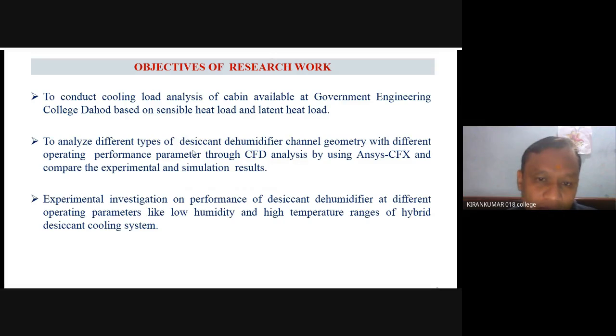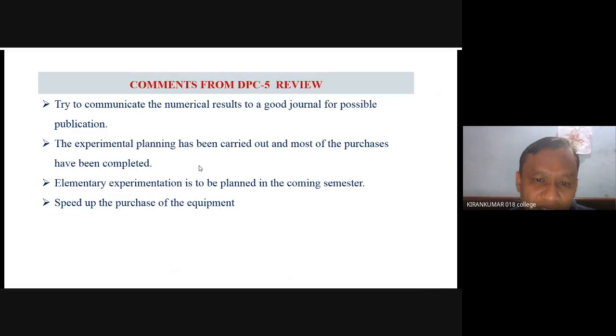After the preparation of my setup, I found a number of performance parameters to study in this experimentation. In the comments I received during the fifth DPC review, I was asked to communicate the numerical results to appropriate journals for publication.